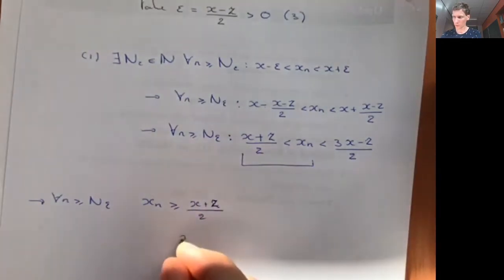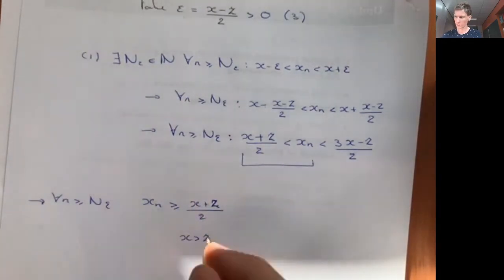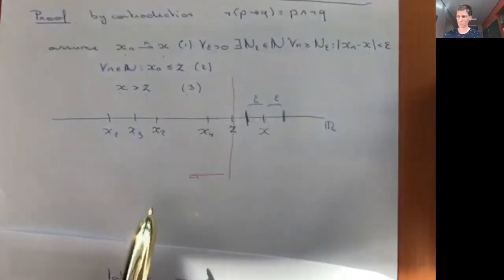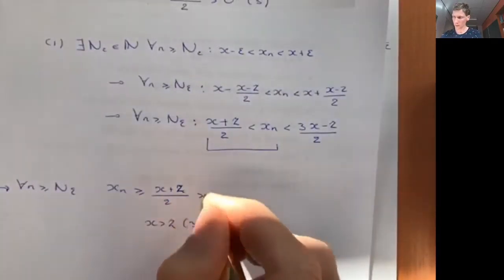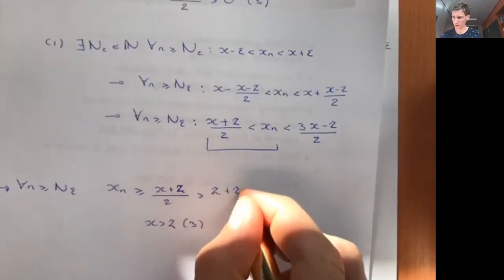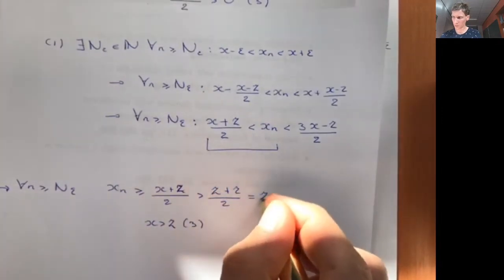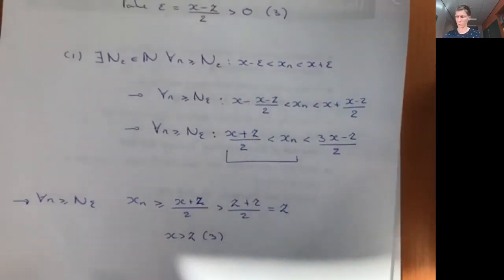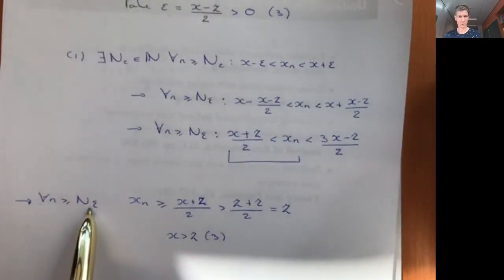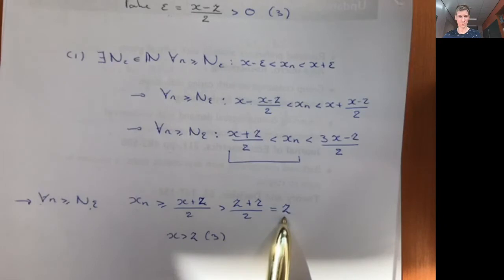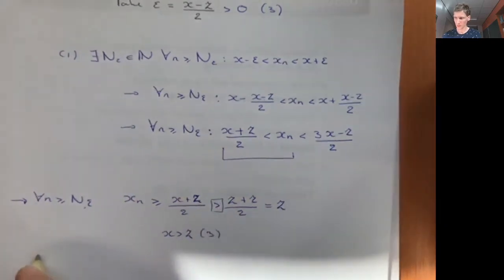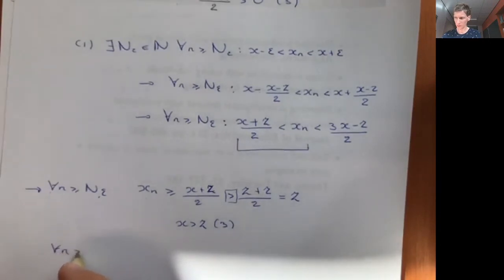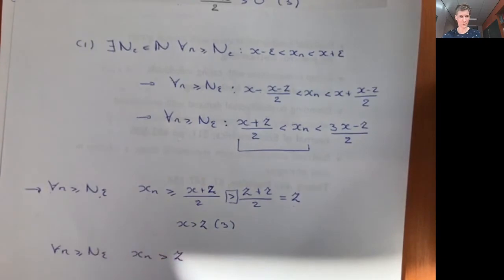What do we also know? We know that x is bigger than z, right? This is from condition 3 here. So we know that this is bigger than z plus z over 2, which is equal to z. Okay, so we have found that for all n greater or equal to N_epsilon, x_n is strictly bigger than z. Okay, so let me write it out here for completeness. x_n is bigger than z.